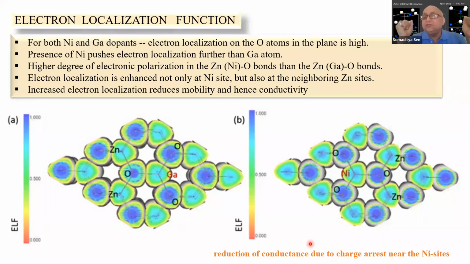So the electron is not available for transport when we dope it with nickel. But for gallium, the availability of the electrons is much better. Maybe it is not very clear from this graph, but the numerical analysis that we have done clearly shows this. So by doing this type of analysis, we say that the electrons got confined, localized at the nickel site, but at the gallium site, it has become more open.